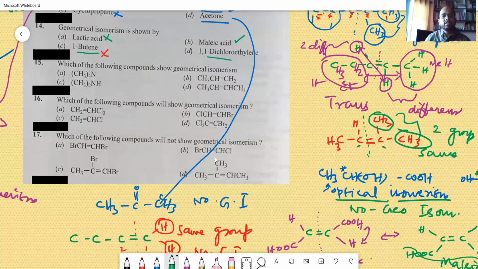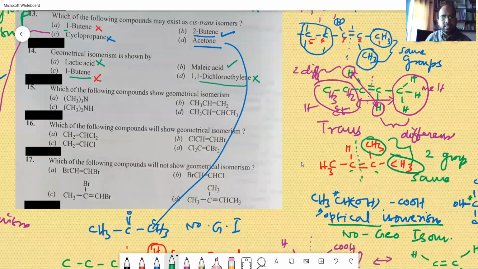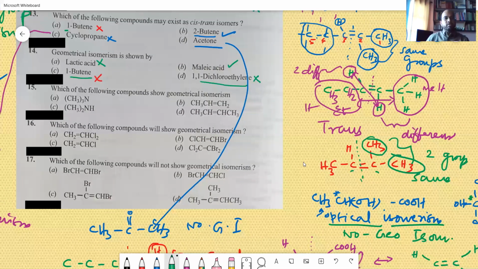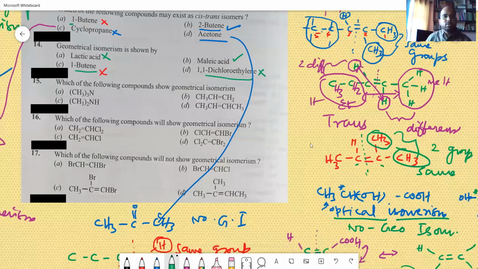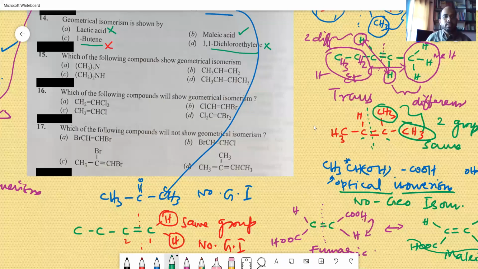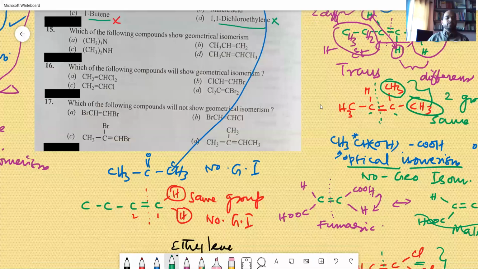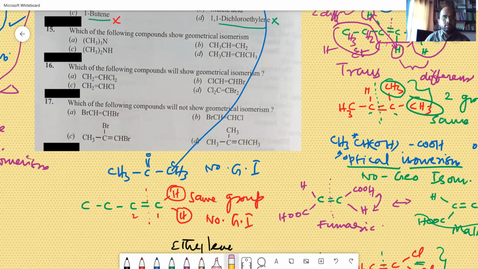That means the answer for this is malic acid. Okay, which of the following compounds show geometrical isomerism? This is question number 15. I think I will clear up the space here to get more space.